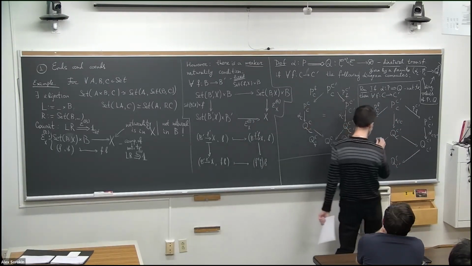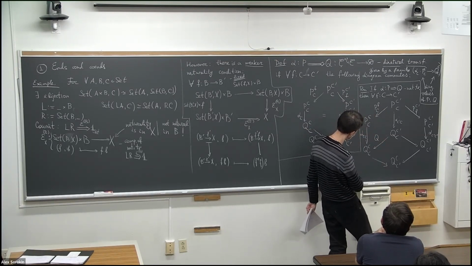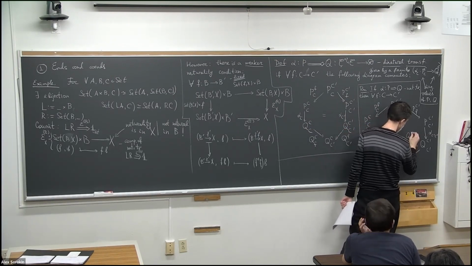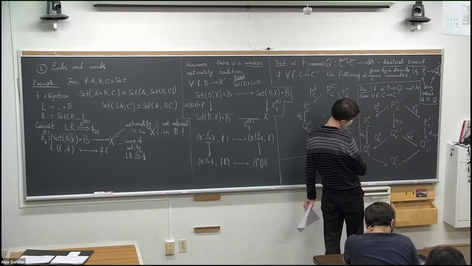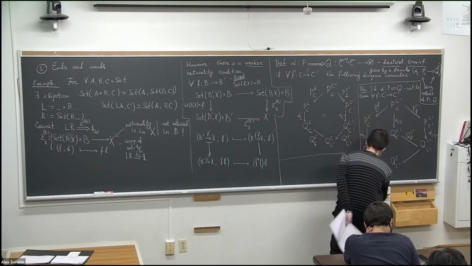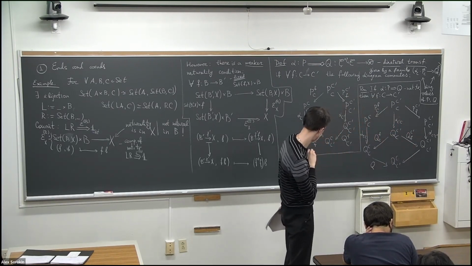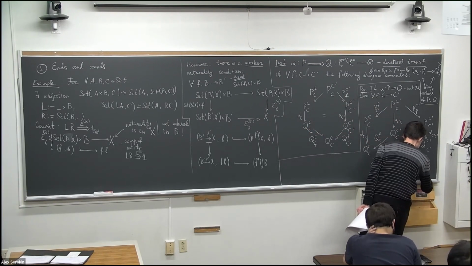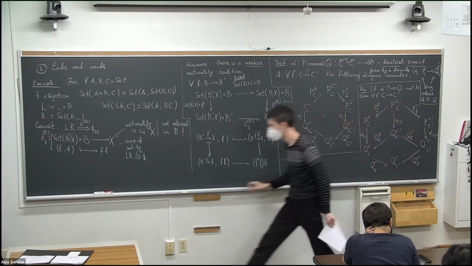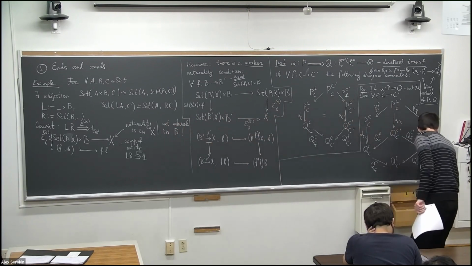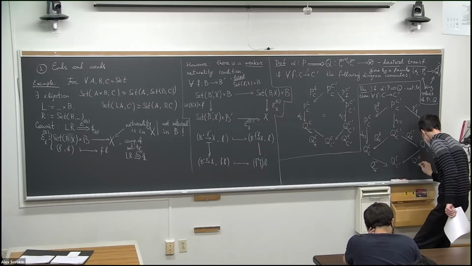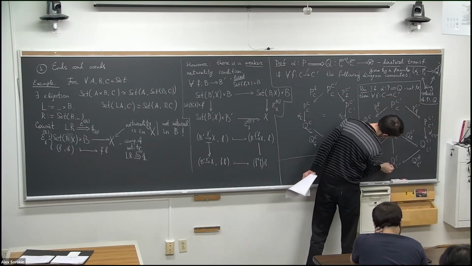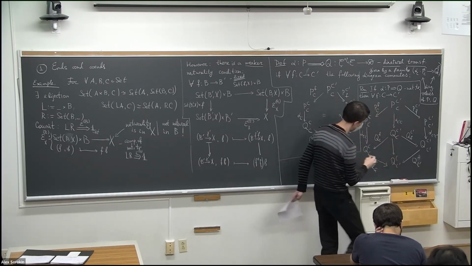Here will be Q F C. Here will be Q prime. Here I have Q C F. Here Q prime F C prime. So actually, at the bottom, we have an arrow to F.